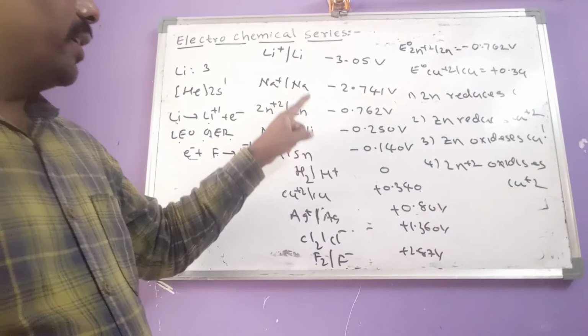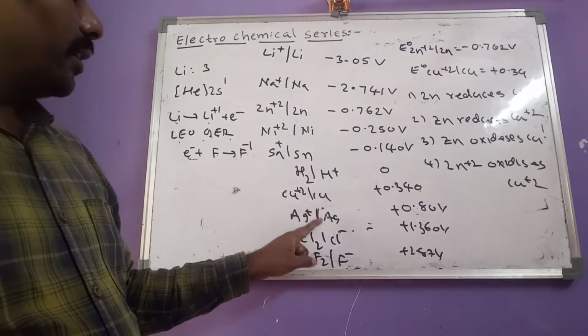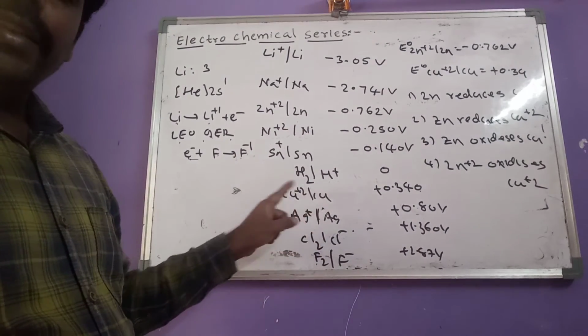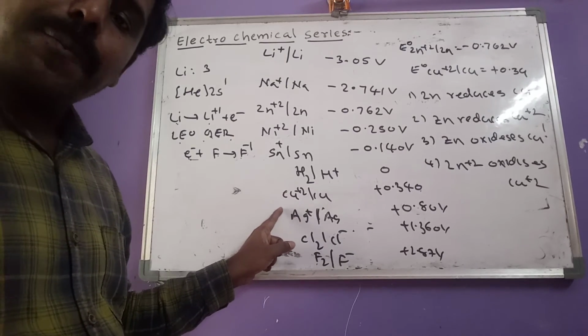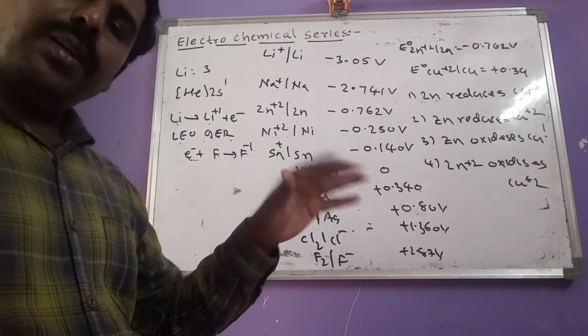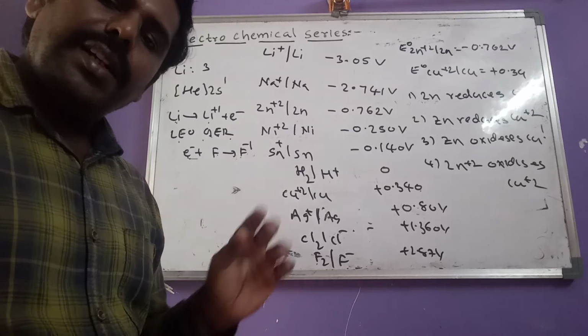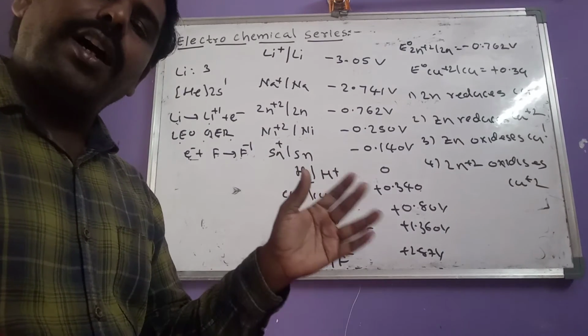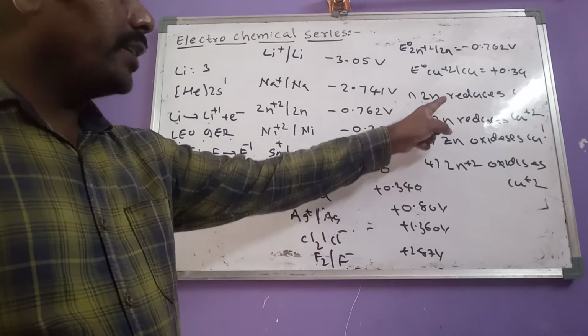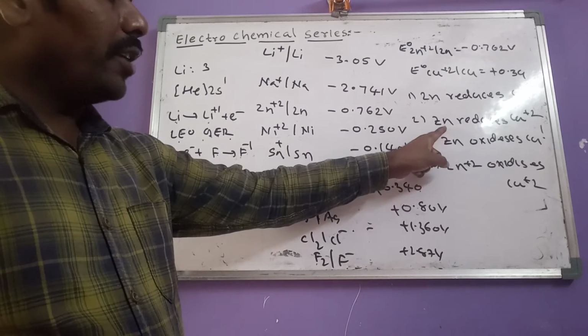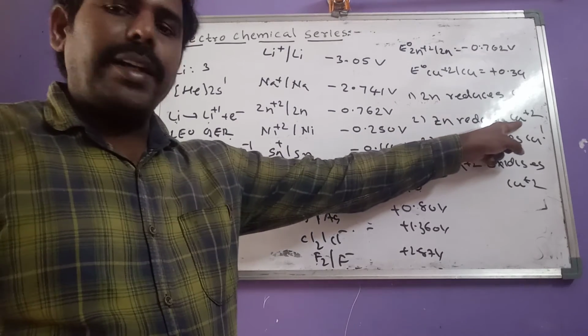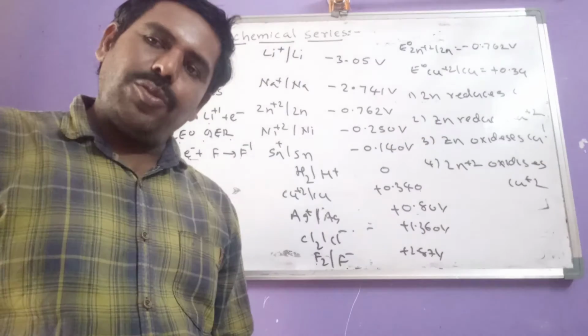Now see here. Zinc does not reduce copper. Zinc reduces copper 2+ to copper. So this is not the correct option. Which is now the correct option? Zinc reduces copper 2+.